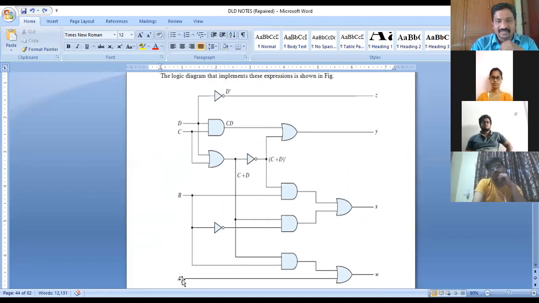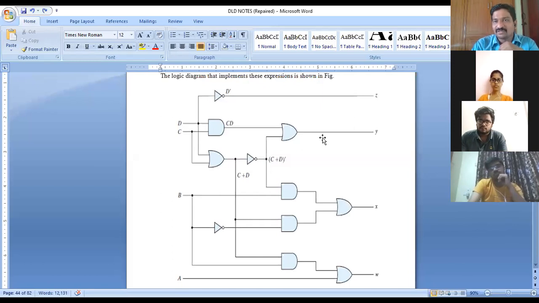Suppose you give A equal to 0, B equal to 0, C equal to 0 and D equal to 0. So apply like this. This is 0, entire this will be 0, right? Like this, this is 0. And what about this, 0 plus 1, right? This 1 is applied over here.